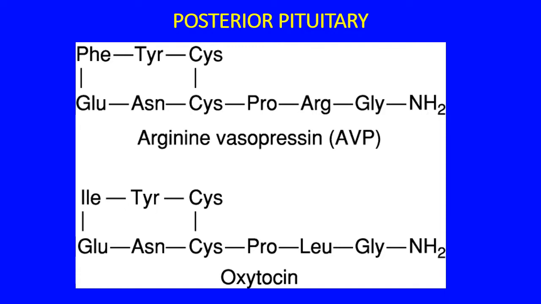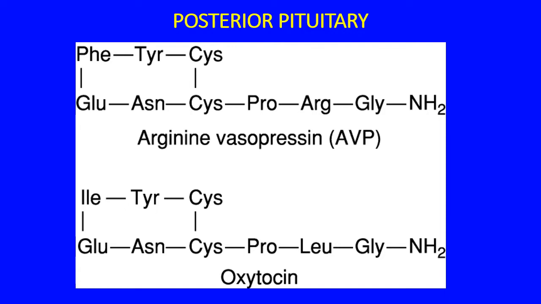Notice that the big difference in oxytocin and vasopressin is that AVP has phenylalanine, this one has isoleucine, and then there is a slight difference in the arginine and in the leucine for the oxytocin. Presumably arginine is what differentiates in a major sense for the arginine vasopressin, AVP, all right?